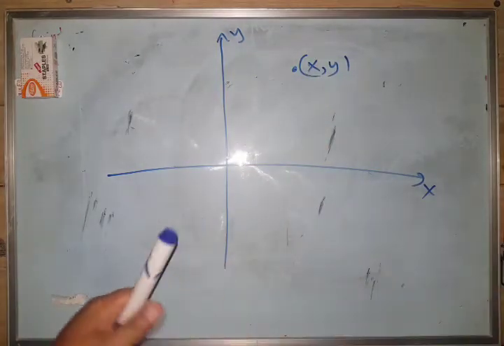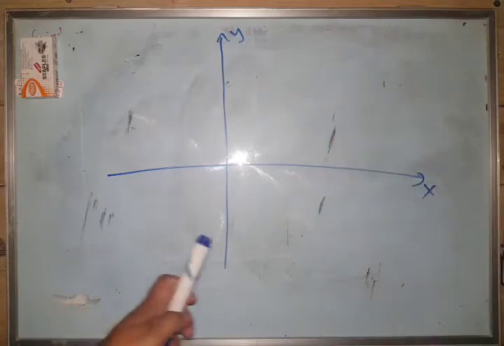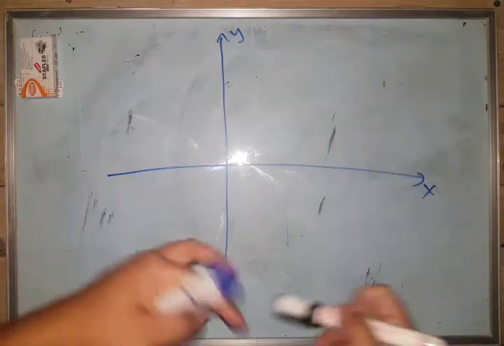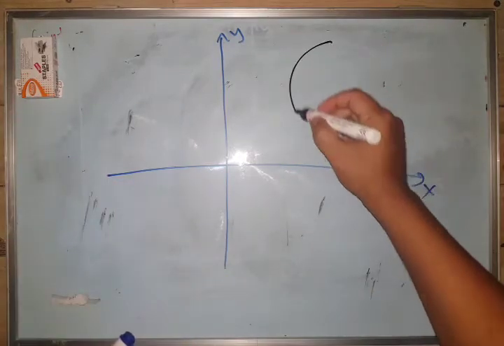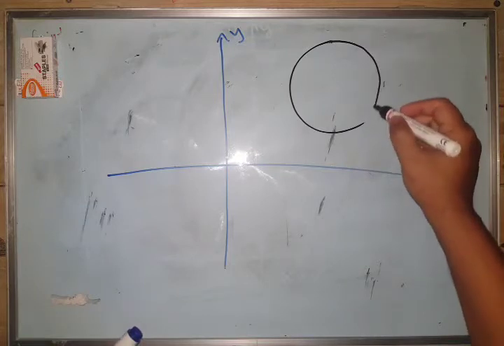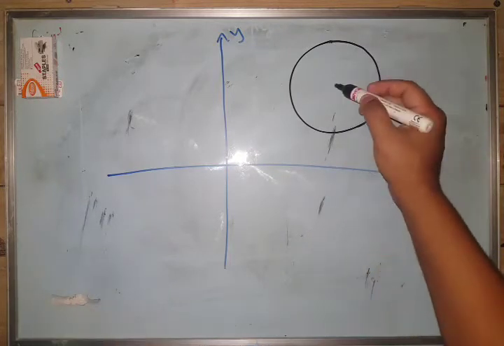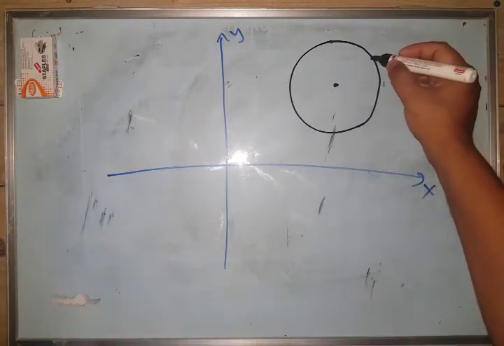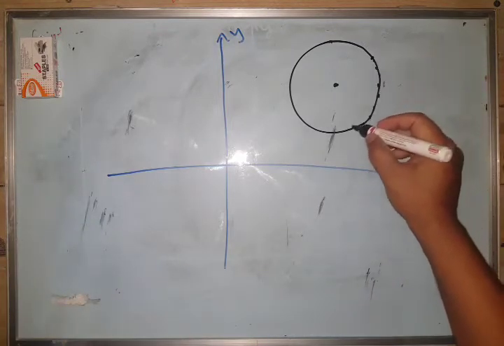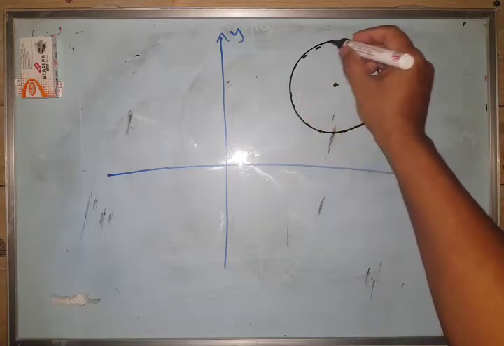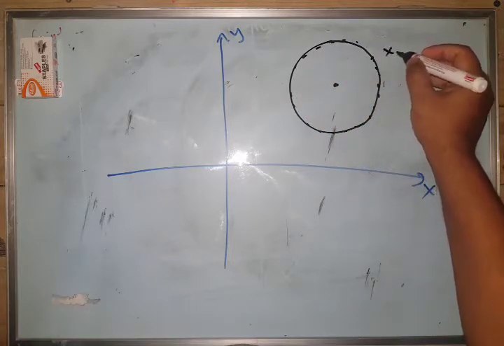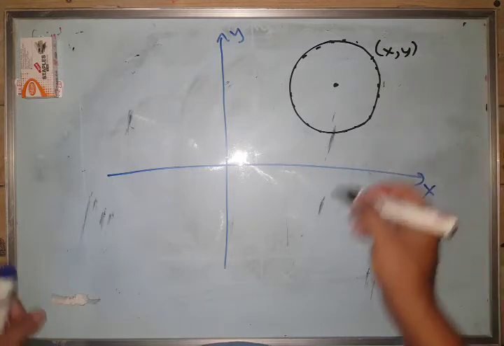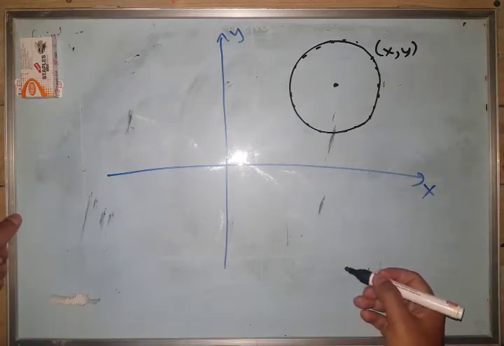So what is meant by the characteristic equation of a circle? In a Cartesian plane, you can sketch circles. When you sketch a circle, there will be a center for that circle, and the points on this circle can be represented by a variable coordinate.